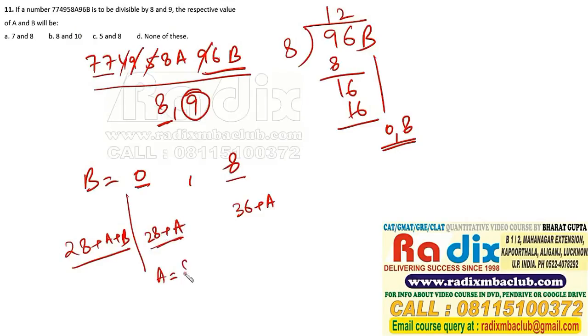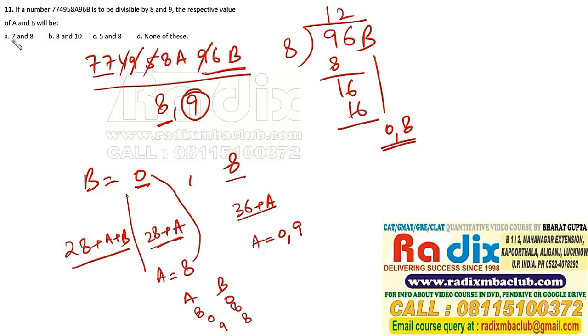A would be 8. In this case, A would be 0 or 9. So value of A and B: 8 then B 0. See 8 and 0. When A is 0, B would be 8. When A is 9, B would be 8.